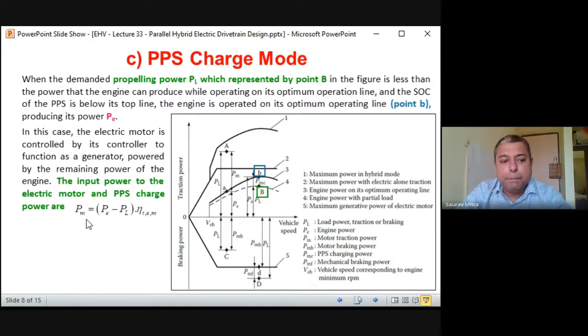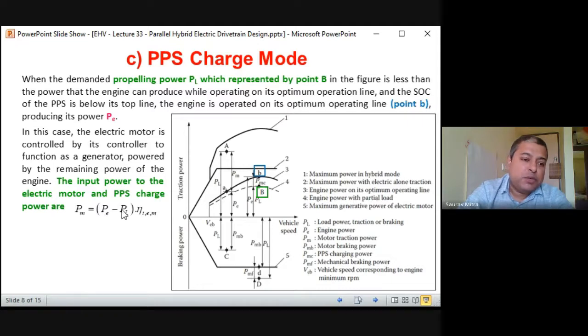Okay, so PM is equal to (P minus PL) into eta TEM. This is actually the time dependent efficiency of the motor. So P minus PL, which is greater? P is greater. That means the engine is actually producing more power than what is demanded by the load, or demanded by the traction.